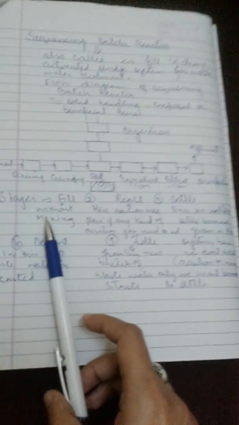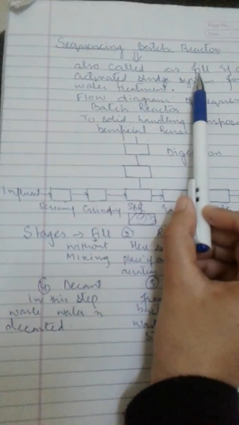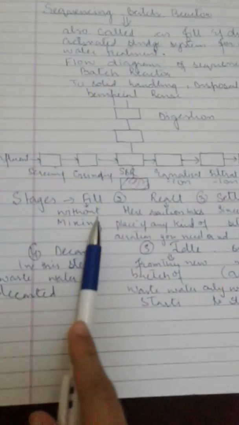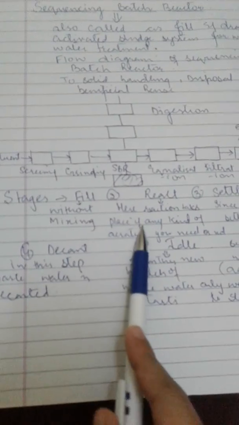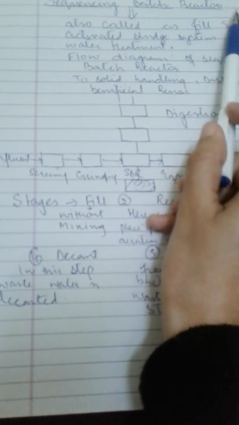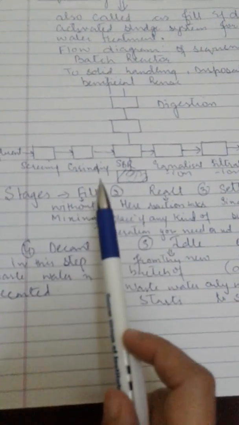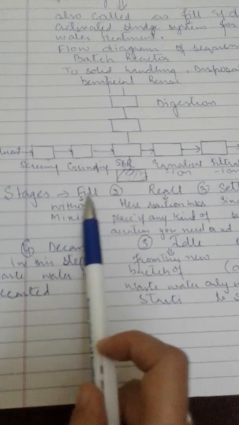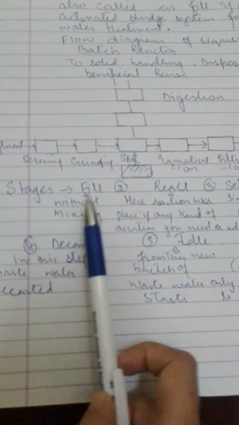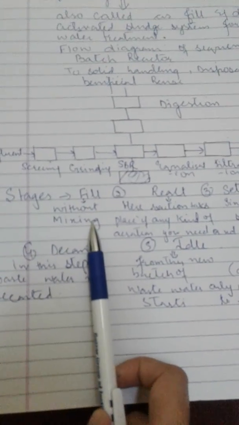Now, first, if we talk about the stages, since I already told you this is about fill and draw, first I will fill the tank. Since I am talking about the sequencing batch reactor, I will be working on it. This is fill. Here I will collect the wastewater from whatever source is available to you. I have collected the wastewater.